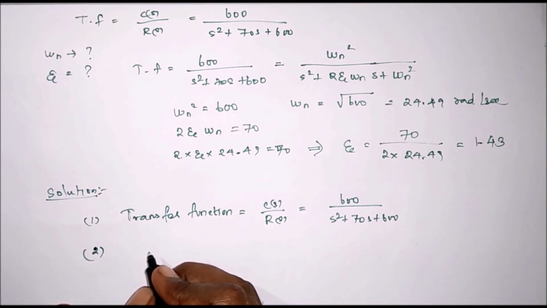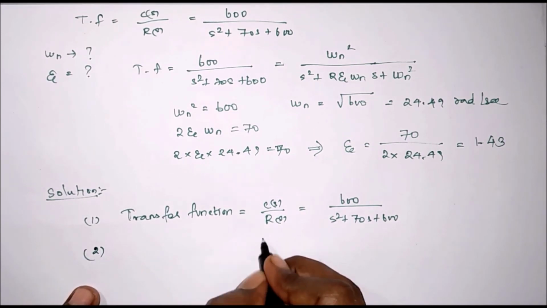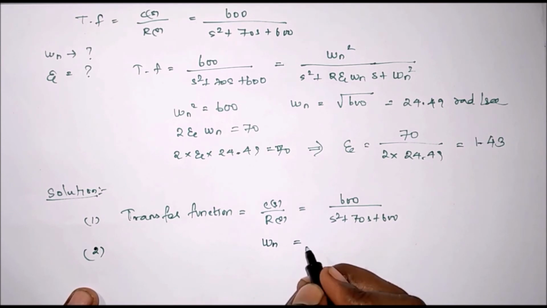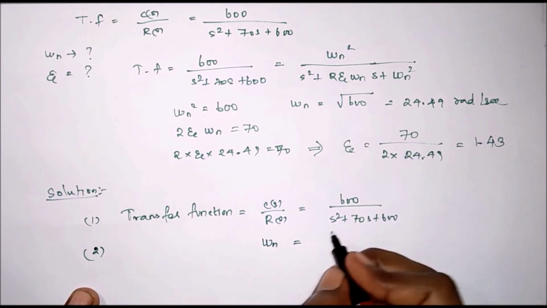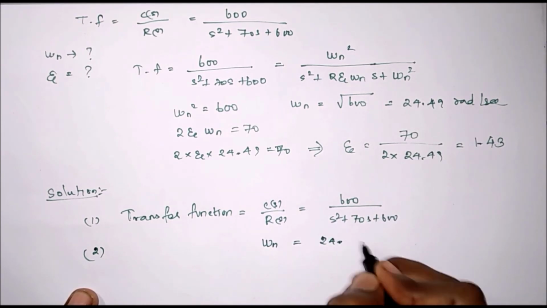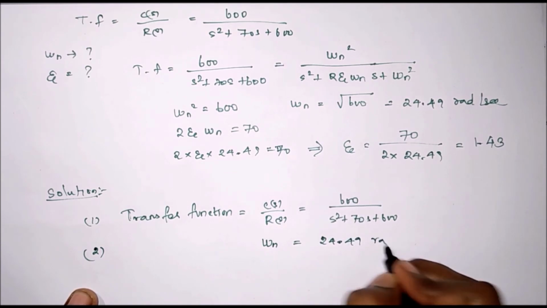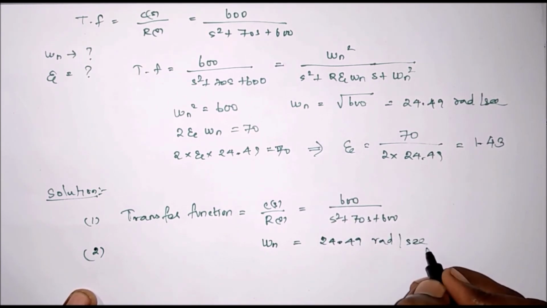Next, the natural frequency of oscillation equal to omega n, its value is 24.49 radian per second.